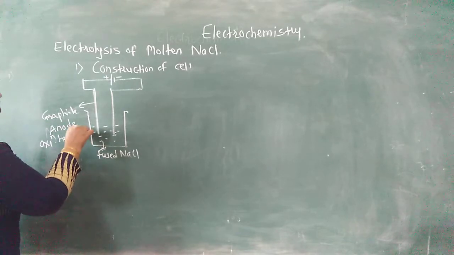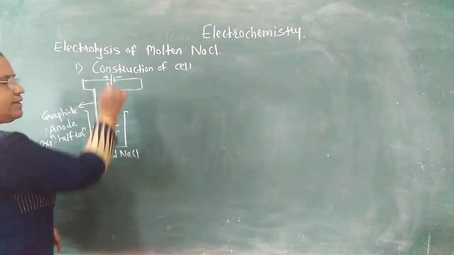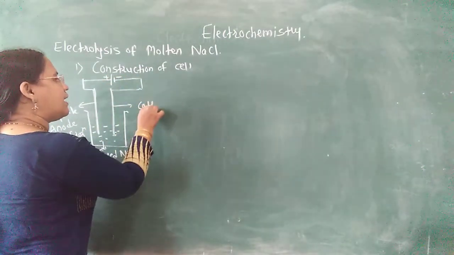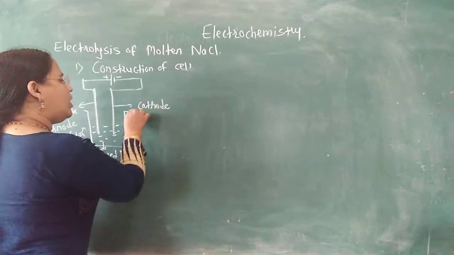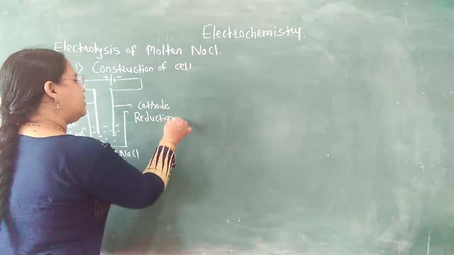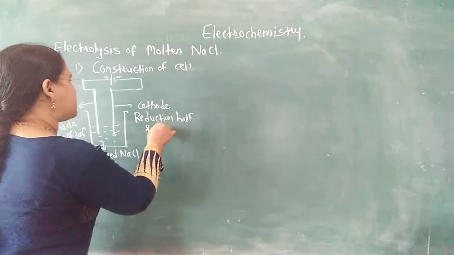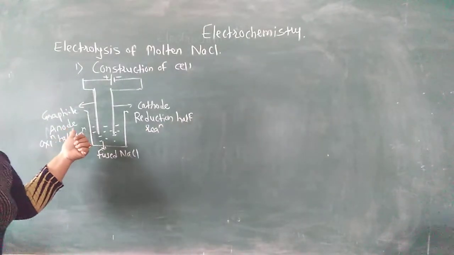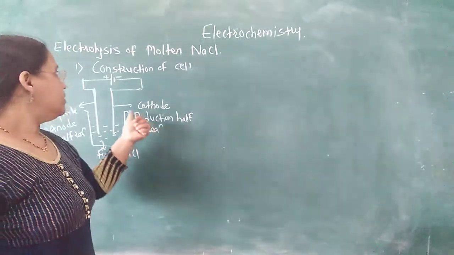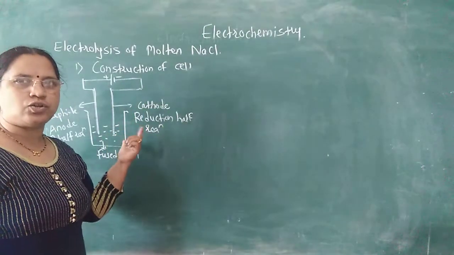While the graphite electrode connected to the negative terminal of the battery acts as a cathode where the reduction half reaction takes place. So the anode is positive, while the cathode is negative, where reduction takes place. This is the construction of a cell.